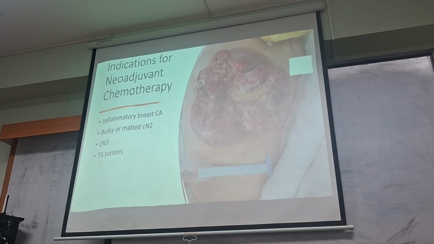In most cases, if you have a patient with skin involvement or the presence of supraclavicular lymph nodes, there is a high probability that the tumor has already invaded underlying structures like the pectoralis muscle, or in some cases even the ribs.